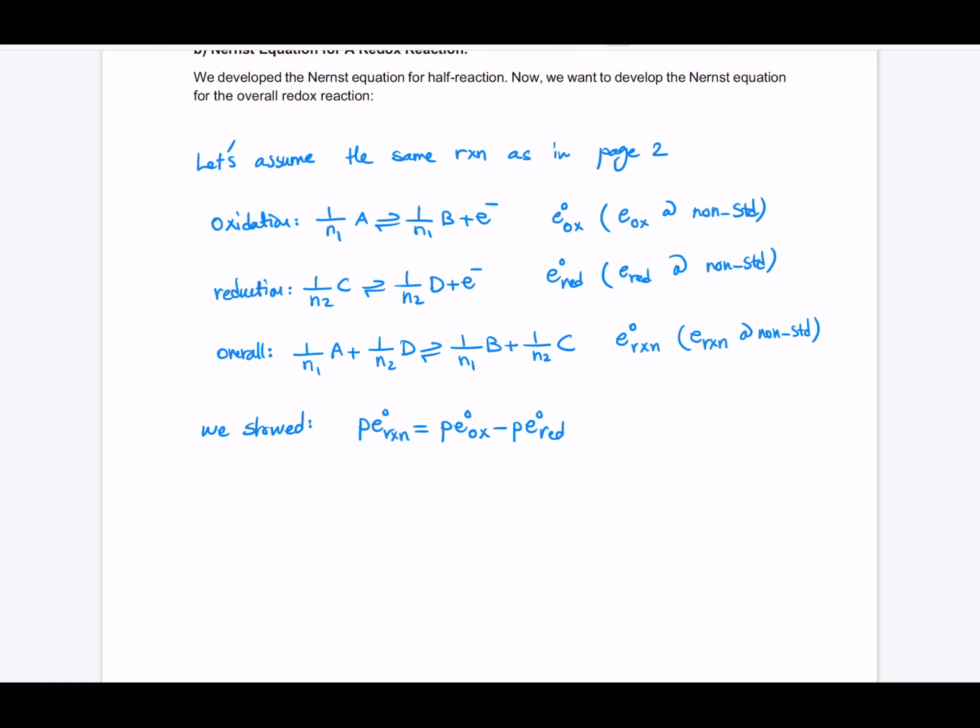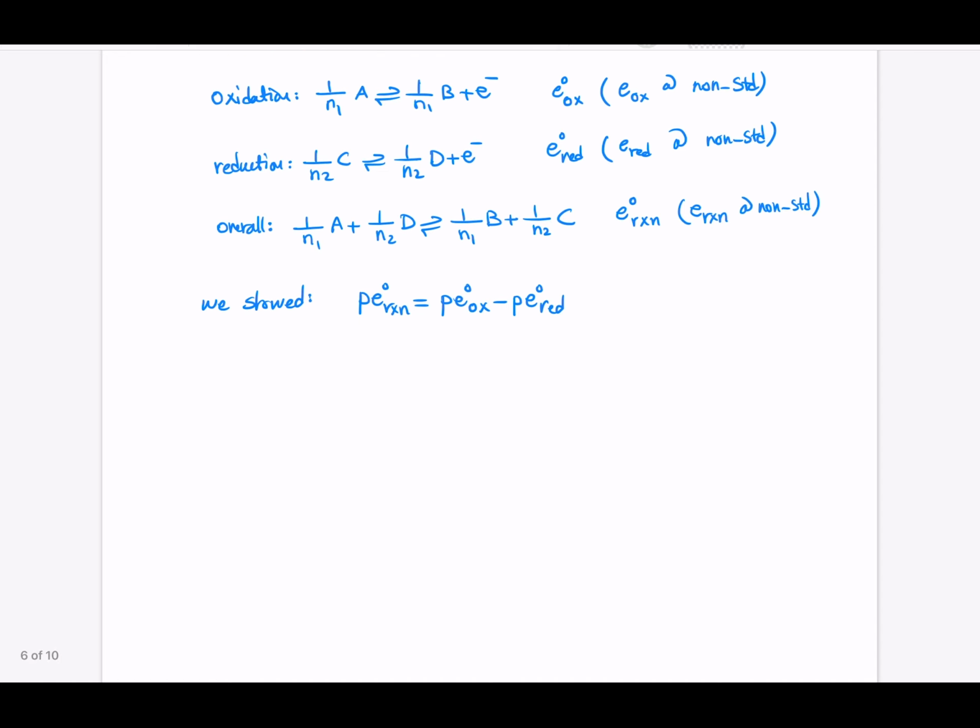We can also show that this is also true for non-standard condition.